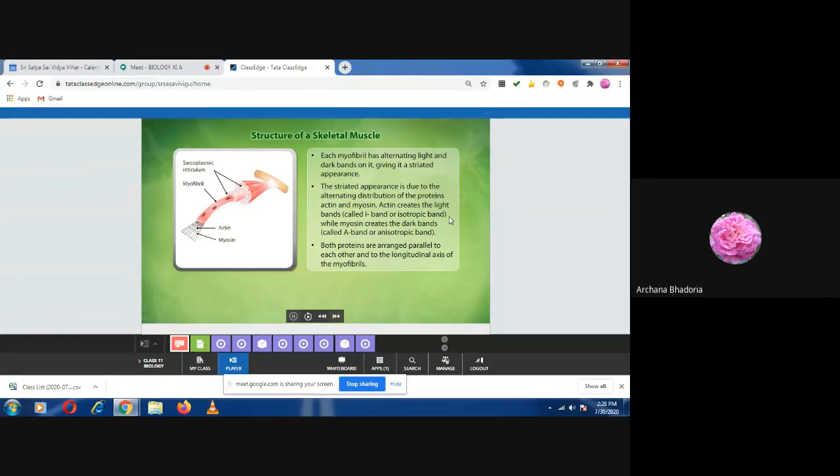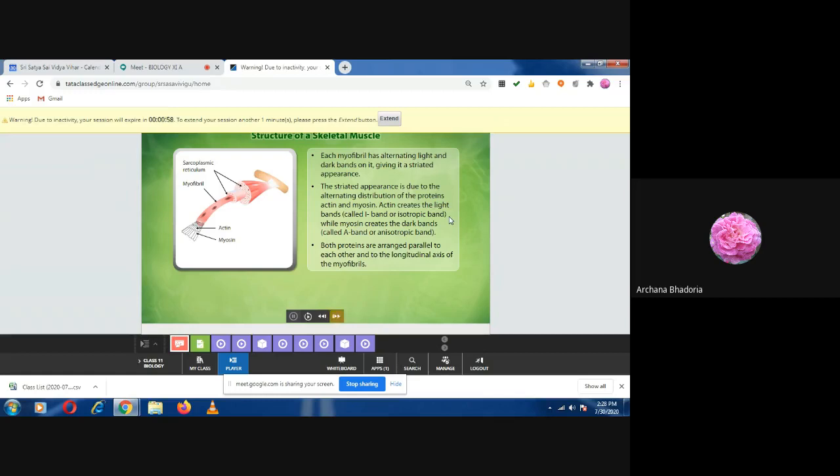And which protein will the I band have? Actin protein. Then write dark band or A band or anisotropic band. Dark band is called A band or anisotropic band, and it is made up of myosin.